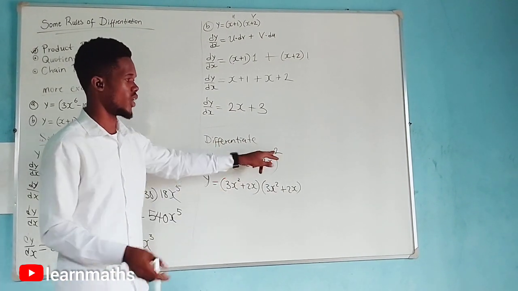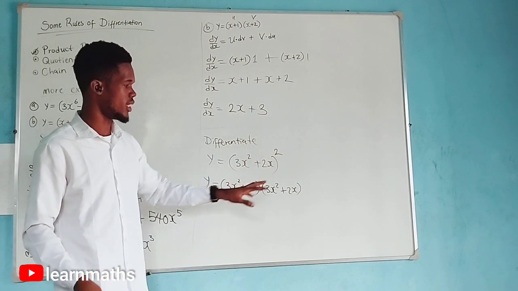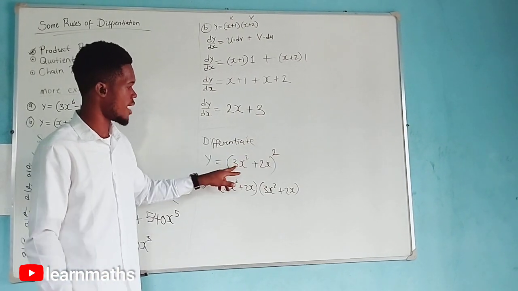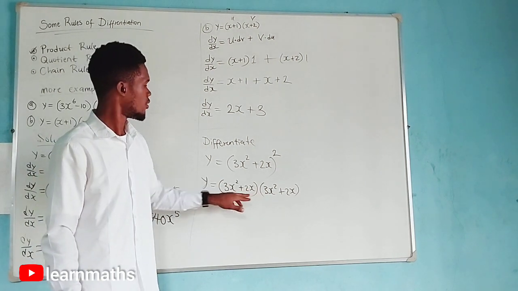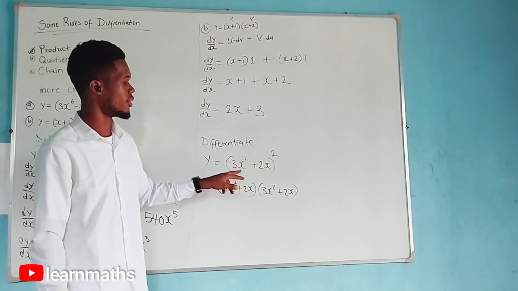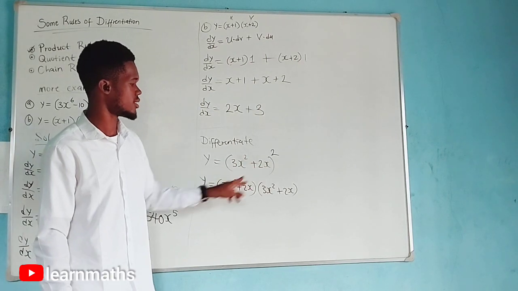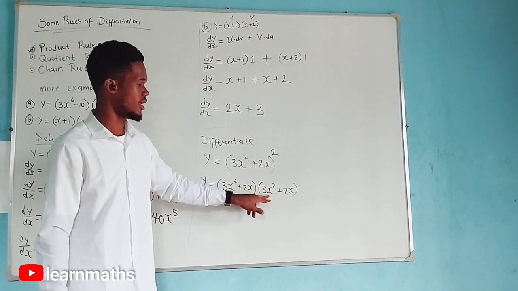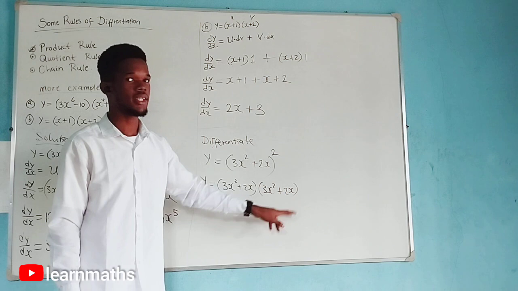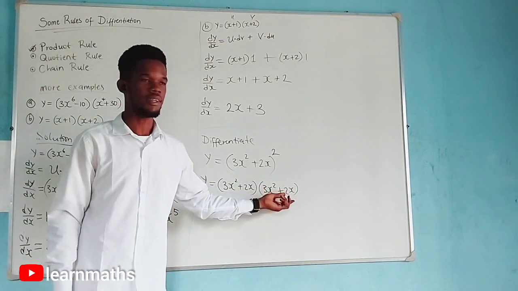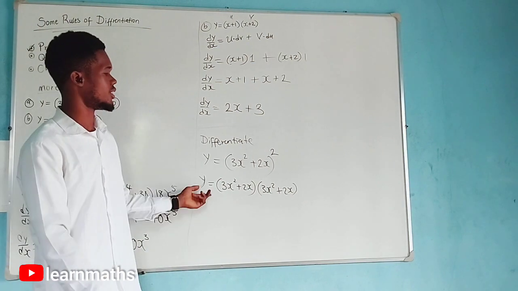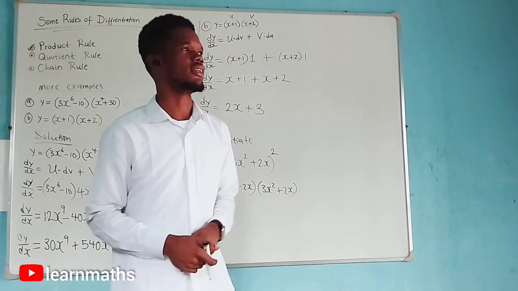That's what you mean by square. You multiply in those two places. So in these two places we have 3x squared plus 2x multiplying. Since we have square here, we're going to have 3x squared plus 2x multiplying itself again, 3x squared plus 2x, right? So now this is going to be your u and this is going to be your v. I believe you can take this from here, differentiate this function and drop your answer in the comment section.